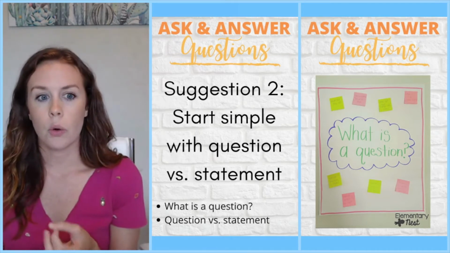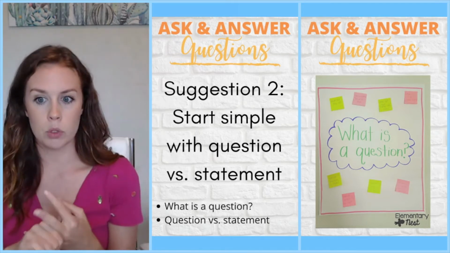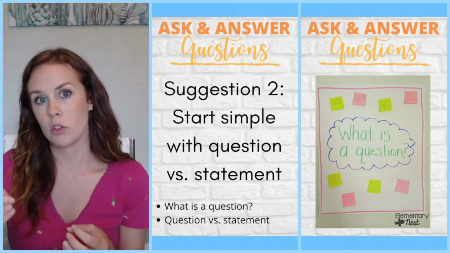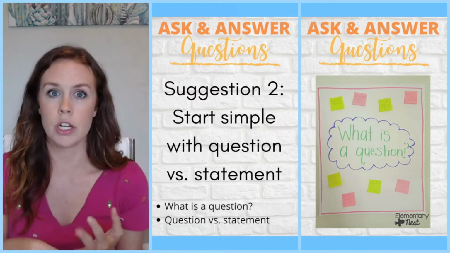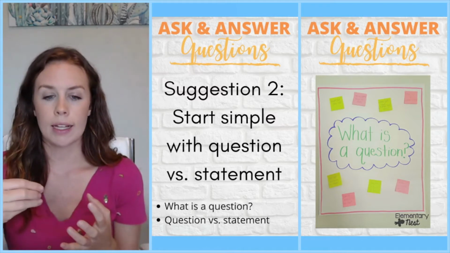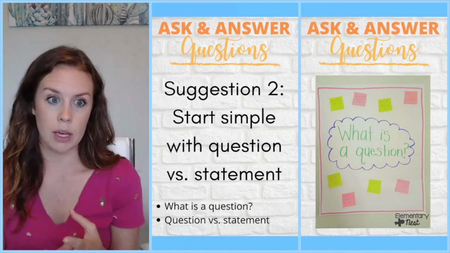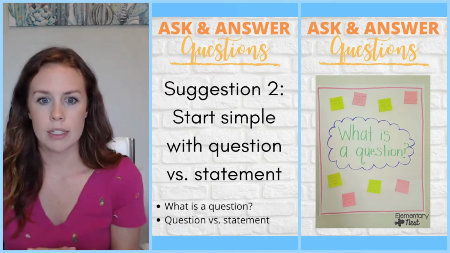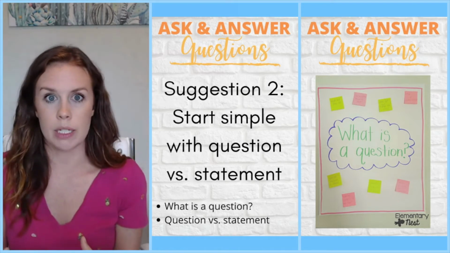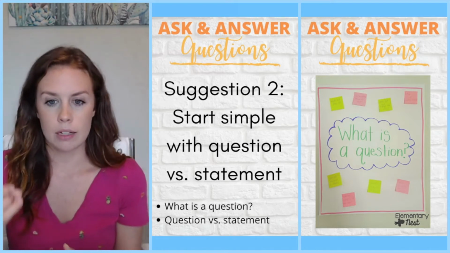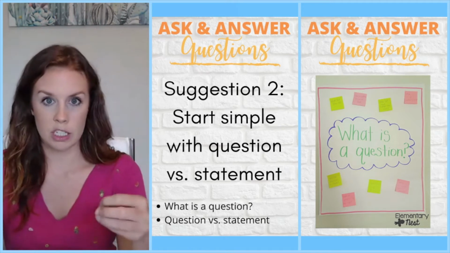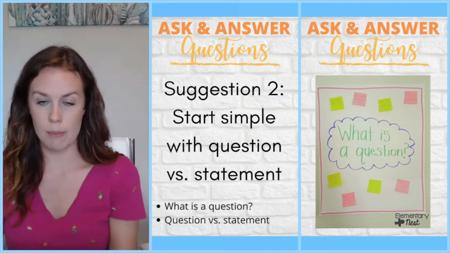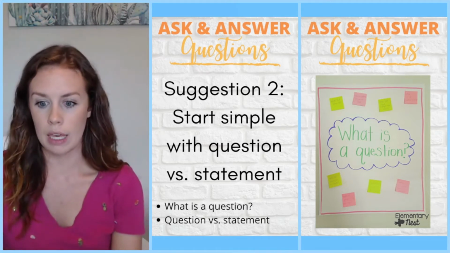That will help them know exactly what is expected of them when they're asked to ask a question, instead of trying to retell the story. Having that stark difference between questions and statements is going to help them in the end.